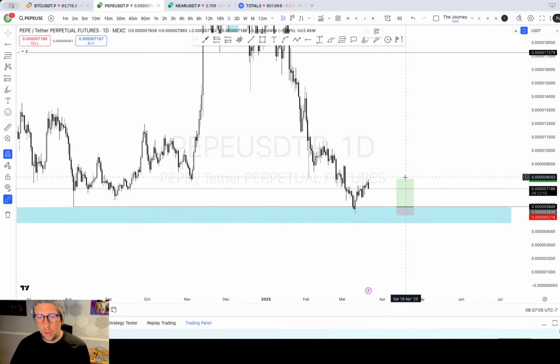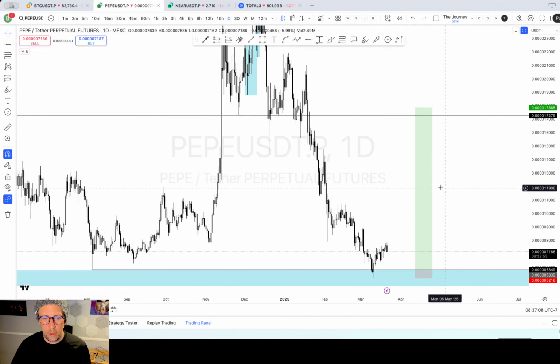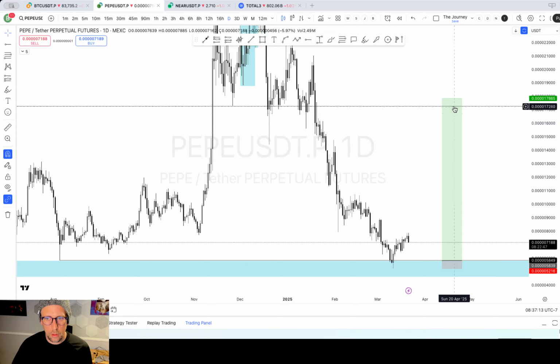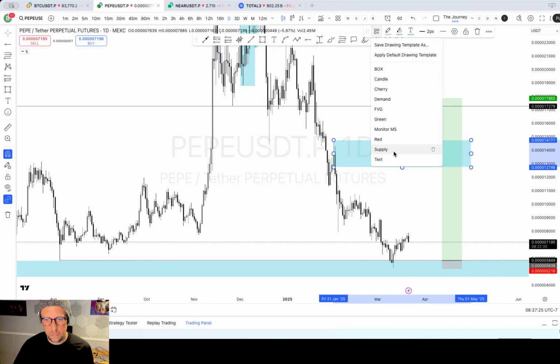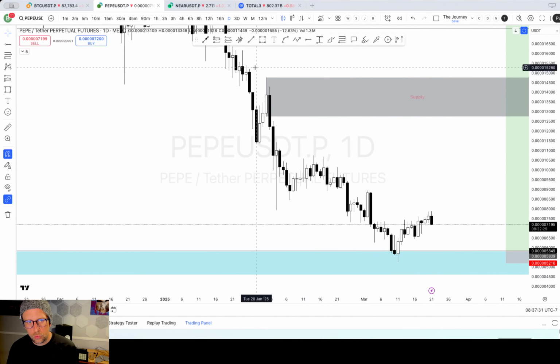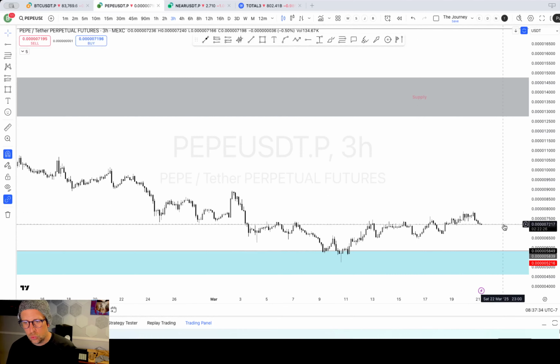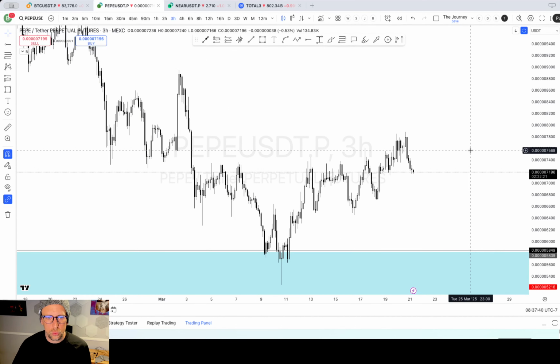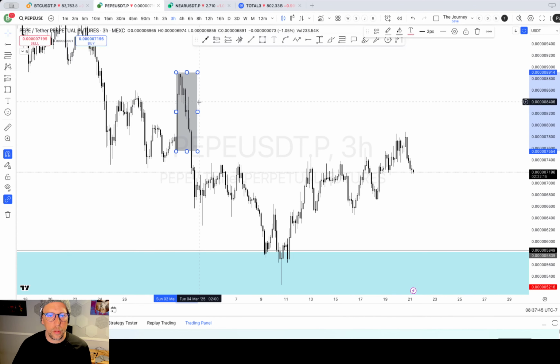I had very high targets for this trade. Overall, similar position to what we're seeing on quite a few things.